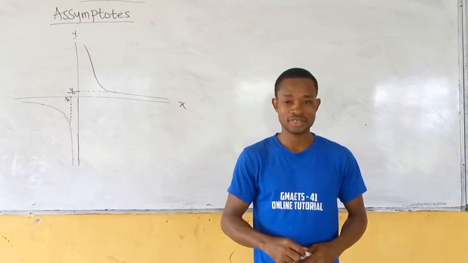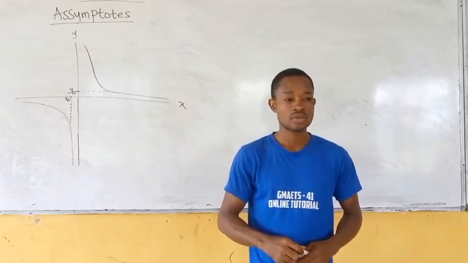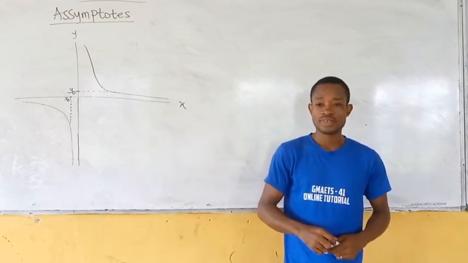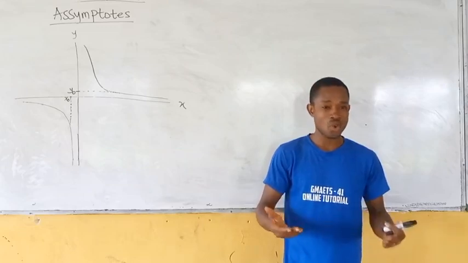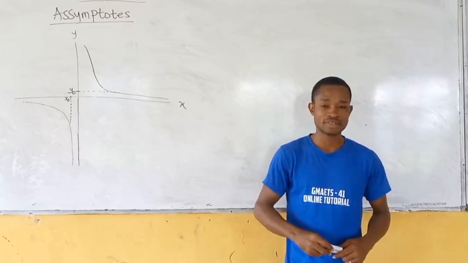Are you there? To obtain vertical asymptote, that is asymptote to the y-axis. Are you there, right? Because the y-axis is our vertical line.